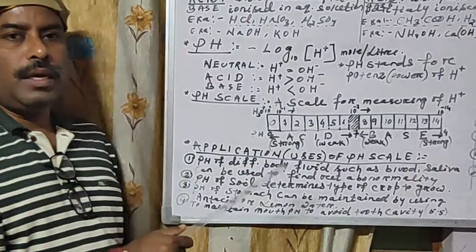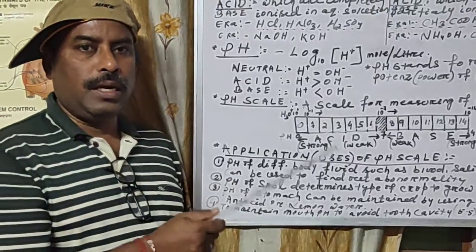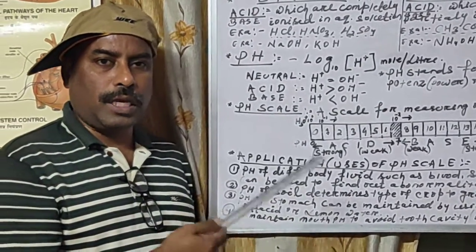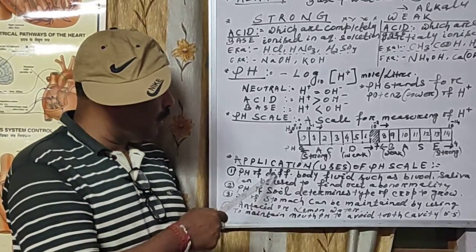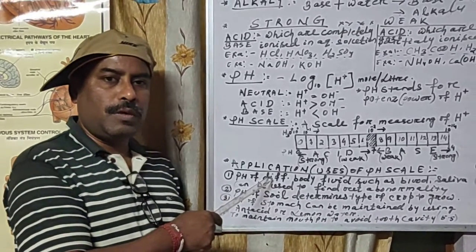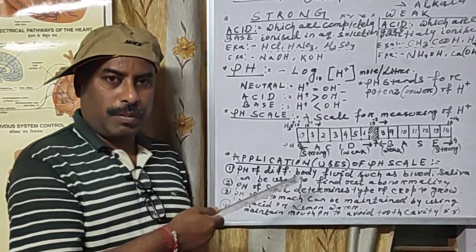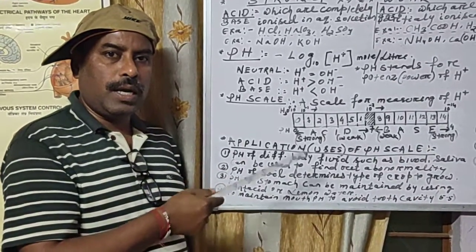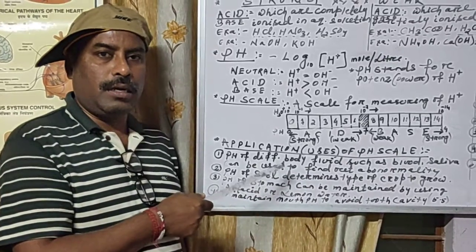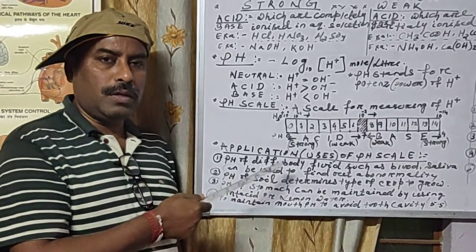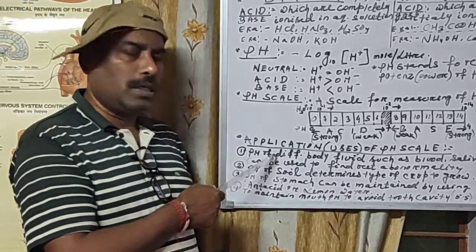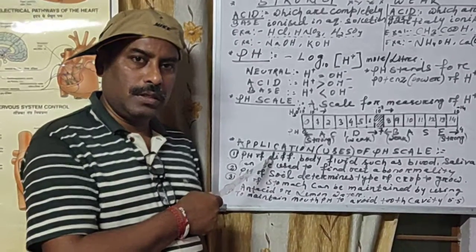Because our body has certain fluids like lymph, saliva and blood, which help in the circulatory system and are totally responsible for the normality of our body. If pH goes up or down, then abnormality develops and we get a lot of problems. So to diagnose the problem, we have to see the pH of our body fluid.